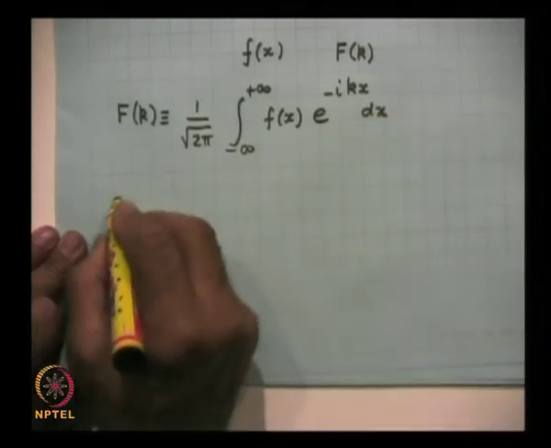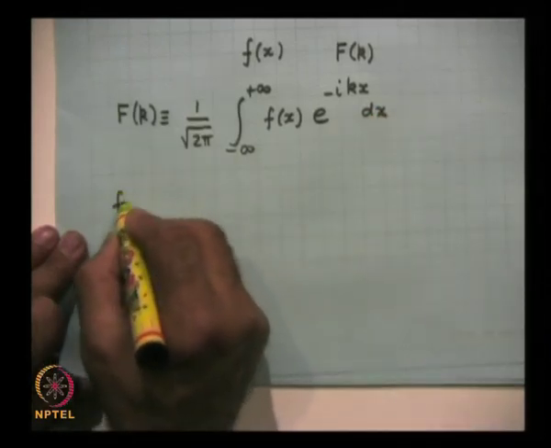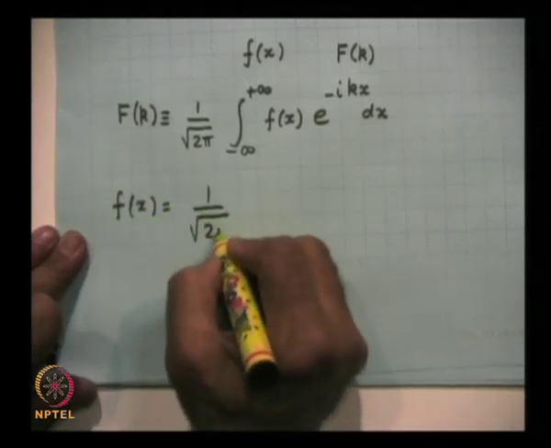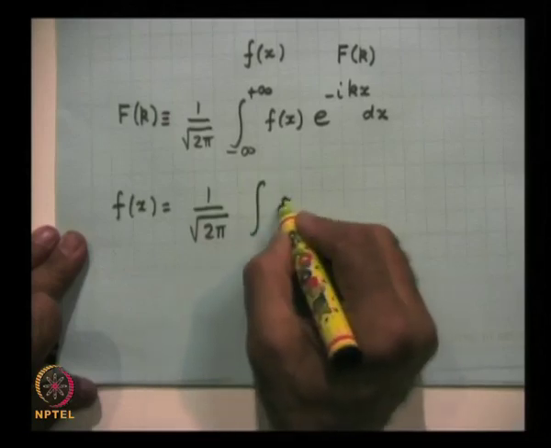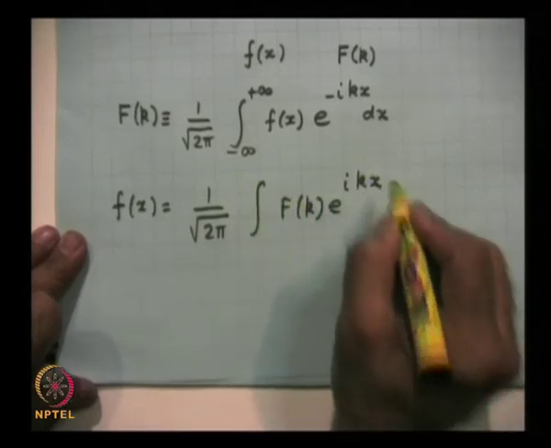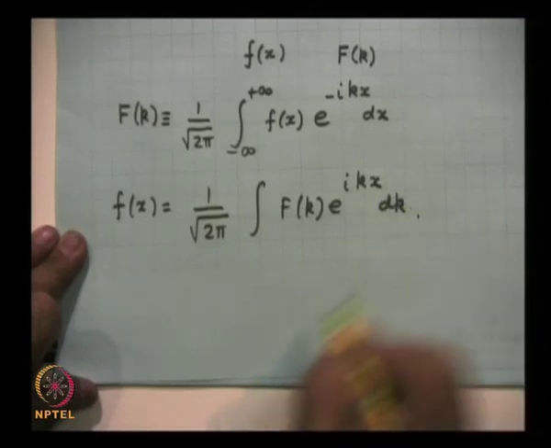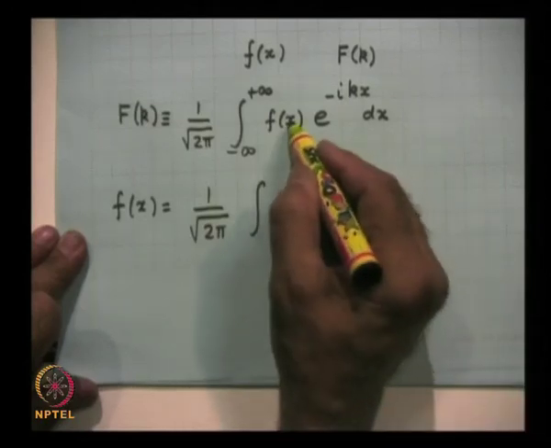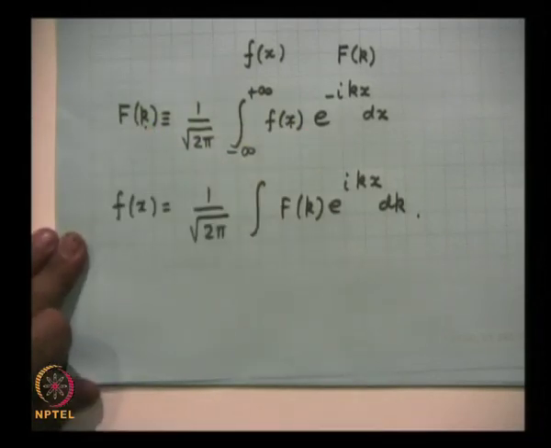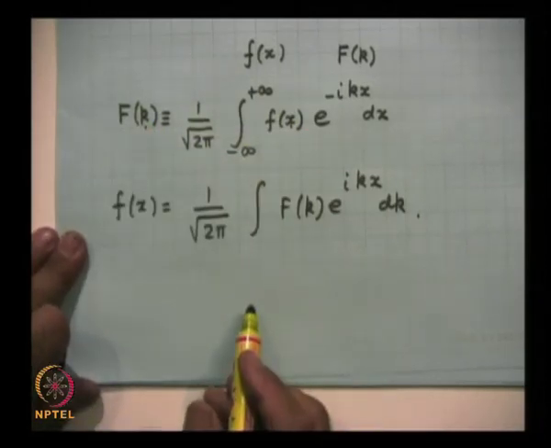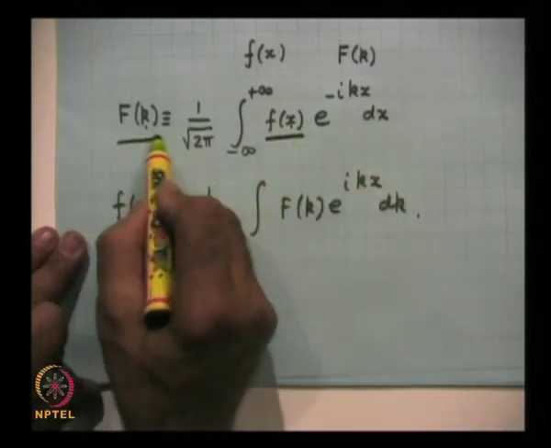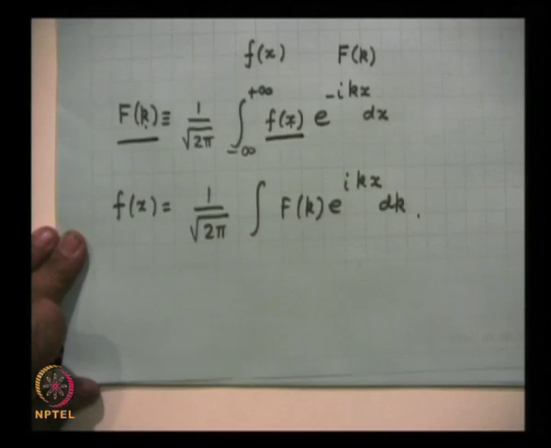Then its inverse Fourier transform will be f of x equal to 1 over under root of 2 pi, integral of F of k e to the power of i k x dk. I can replace x by time and k with omega. That is also possible, and we can take a time dependent function and write down the corresponding frequency spectrum of the pulse.